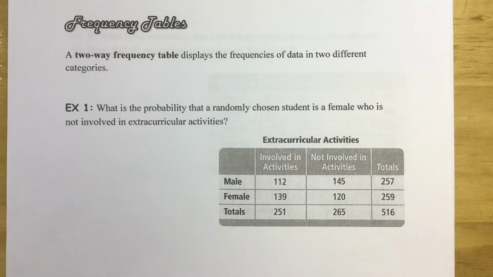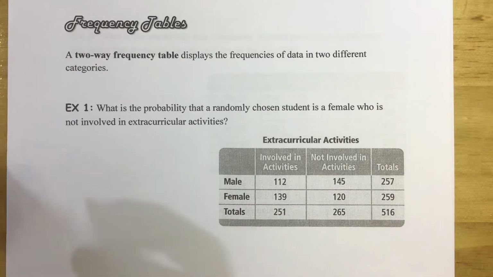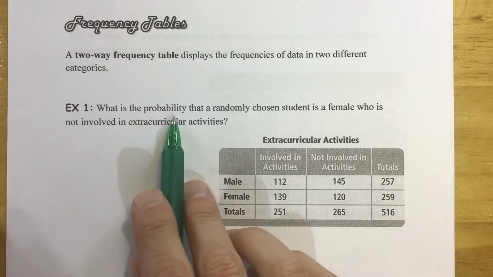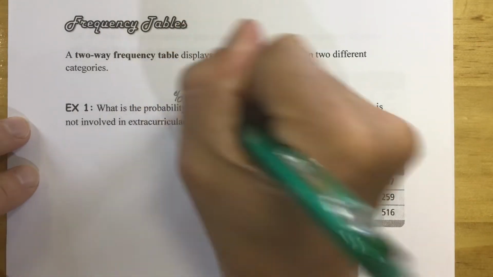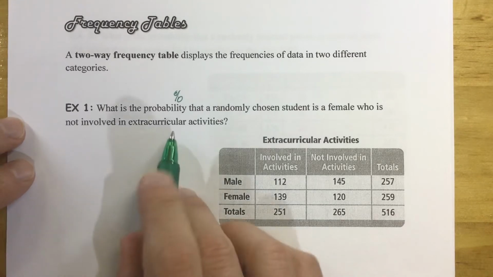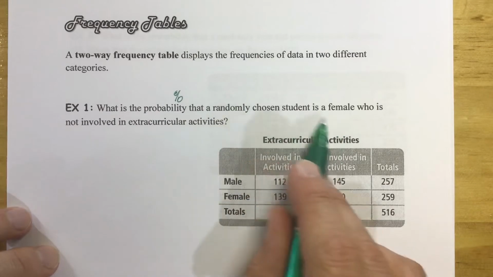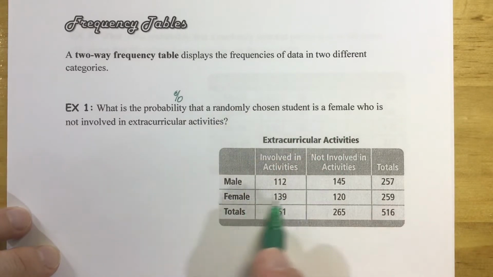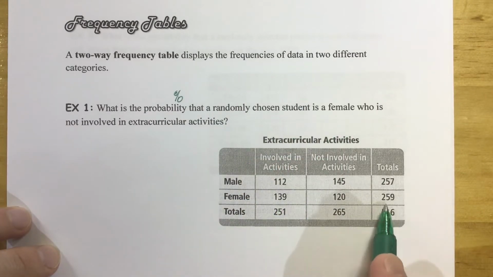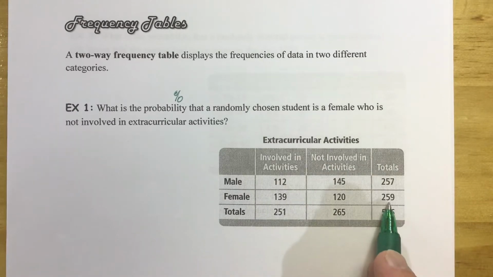Okay, so here's our question that we're going to answer. What is the probability, and we're going to think of that as a percentage? We'll start with a fraction, then I'll change it into a percentage. What is the probability that a randomly chosen student is a female? If we only stop there, that would be 259 out of 516.